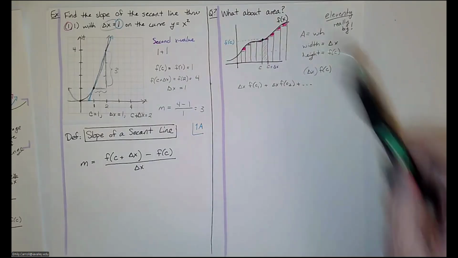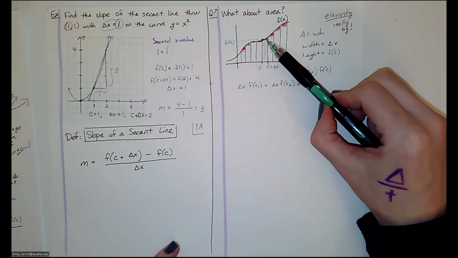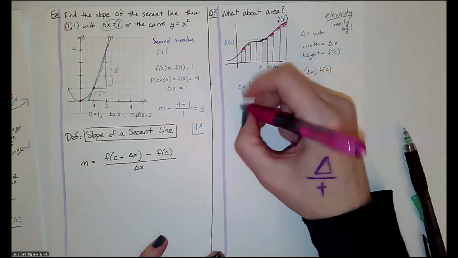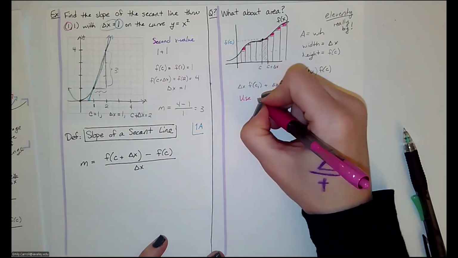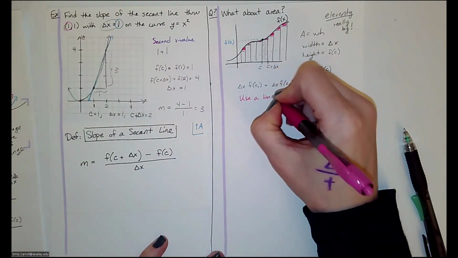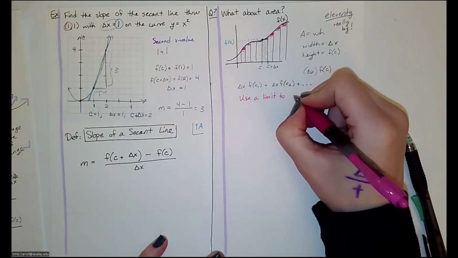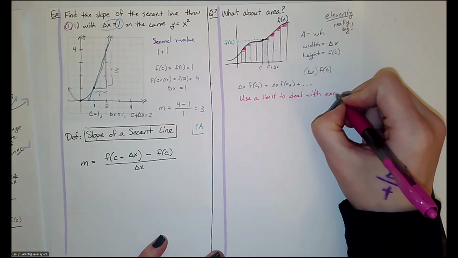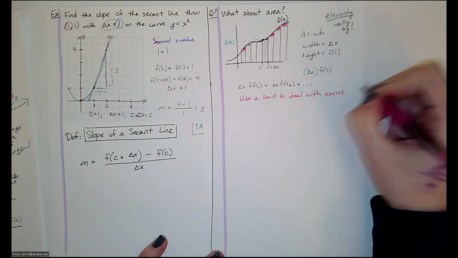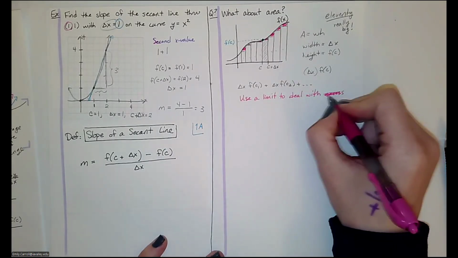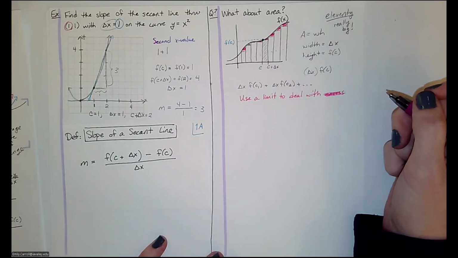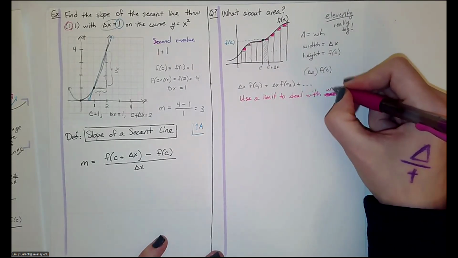How do we deal with that little bit that's left over? The answer to that question is we use a limit. I don't want to say excess because it's not extra. I'll say unaccounted for.